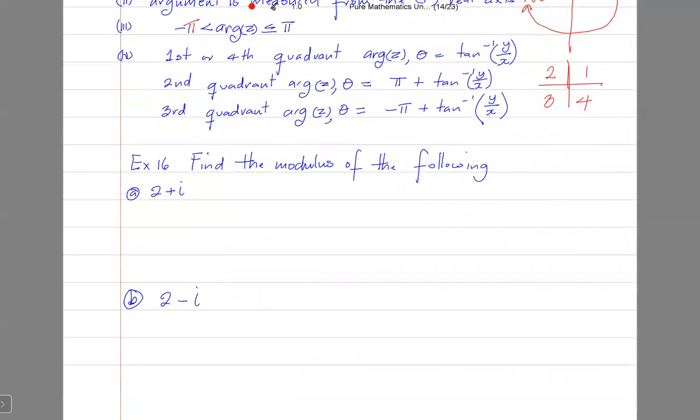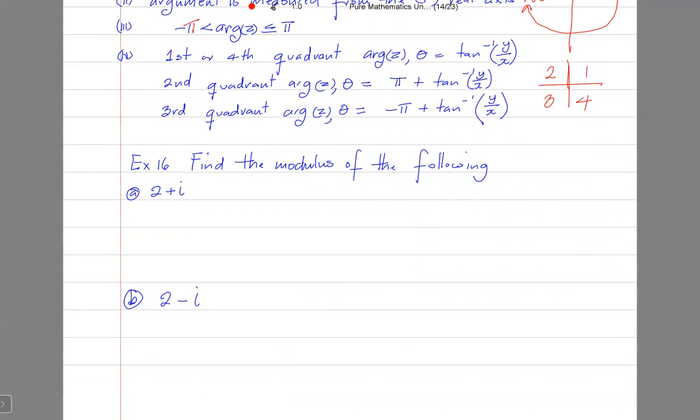All right, Example 16 says, find the modulus. Sir, so the first and fourth quadrant have the same argument because that's where 0 is?